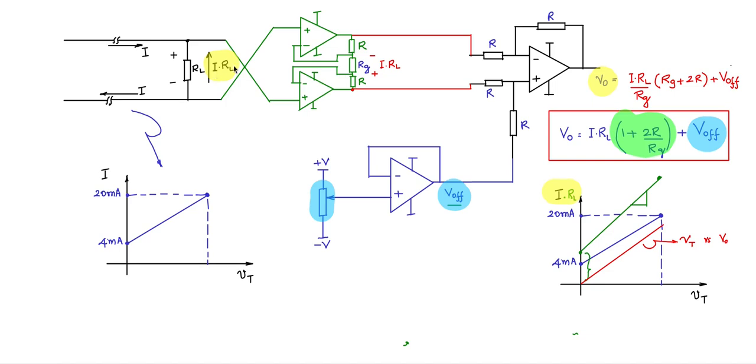It will still be I into RL. So I into RL is what will get reflected here too, and all these will remain the same. The only change is that this point will get grounded, and this input of the instrumentation amplifier topology will also be at ground potential. Otherwise, all else remains the same.